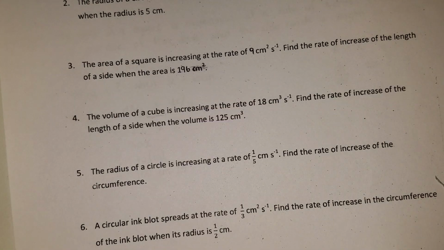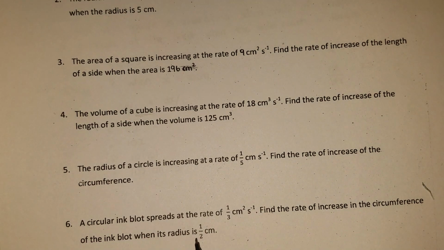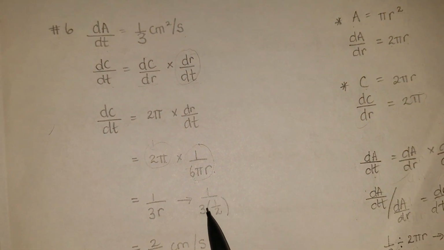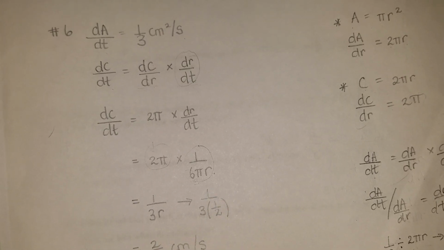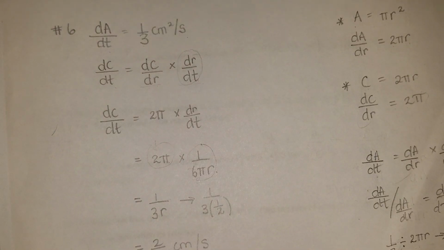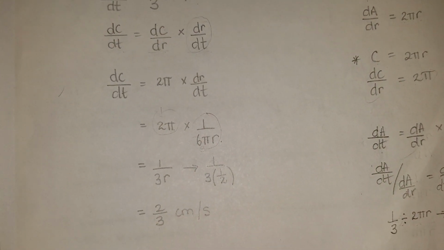Now r in the question was given as half. So when we plug the half in, we get 1 all over 3 over 2, and we can simply upturn it to get 2 over 3. And that's our answer for the dC/dt in centimeter per second.